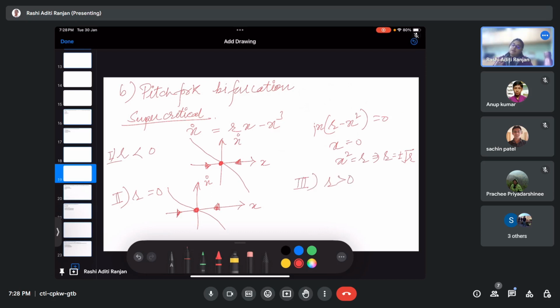Now this time we have three fixed points. Okay, and the plot will go something like this. So here the arrow would be like this. Here the arrow will be like this.